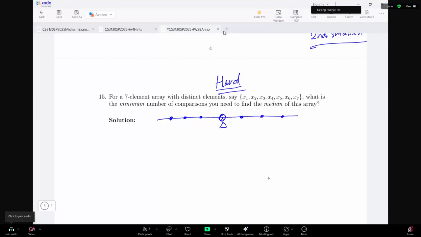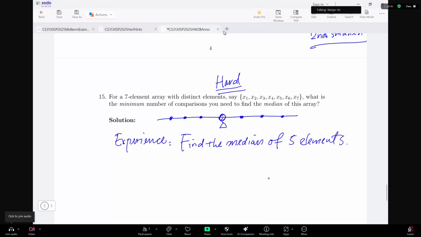The experience we need to use: find the median of 5 elements.